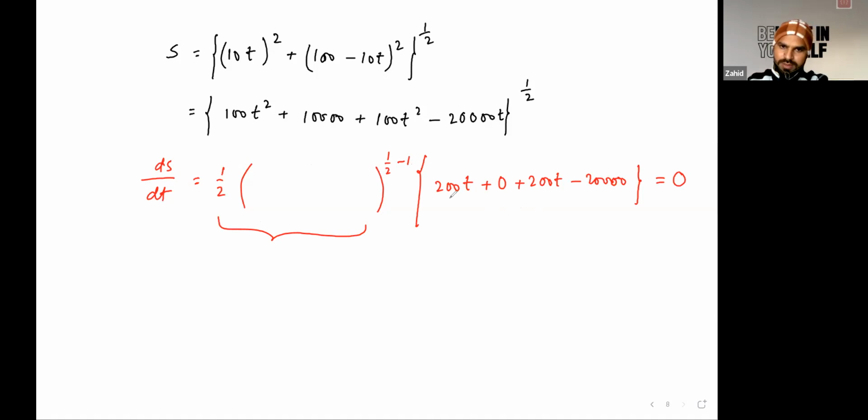So 200 plus 200, it will be 400t equals 20,000. So t will be 20,000 divided by 400. 20 and 20 will cancel out. So 50 hours. Now put this value in the above equation, and you will get the shortest distance between A and B.